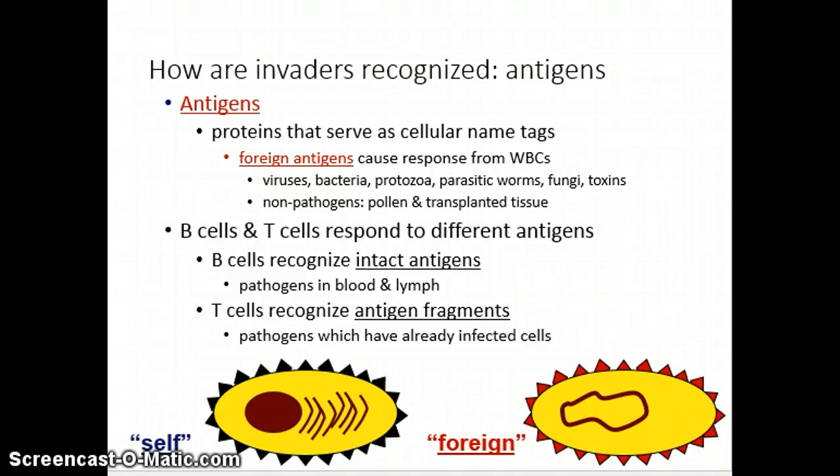Whereas T cells can recognize and respond to just a fragment of an antigen. This means these antigens have already entered a normal body cell and infected that cell. That cell is then going to show fragments of the antigen, and the T cells will recognize that.